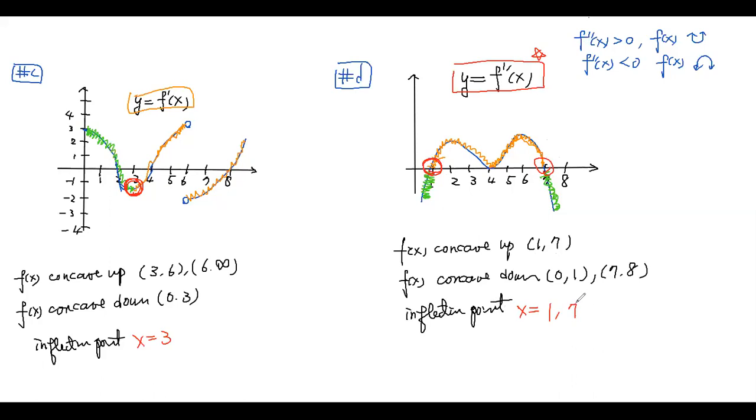So that's it. I really like those graphing problems because I think they clarify your concept about the concavity, increasing, decreasing, and the functions. If you understand the relation of f prime and f double prime, I think that's a very, very important concept.